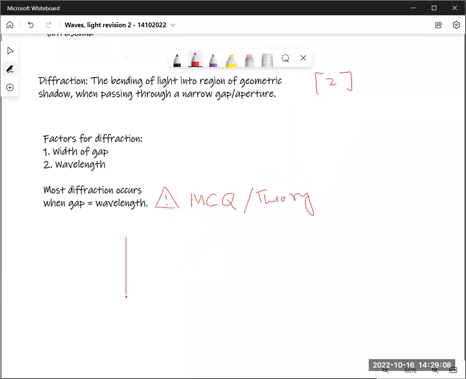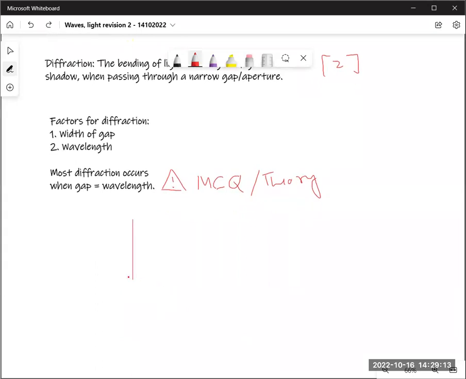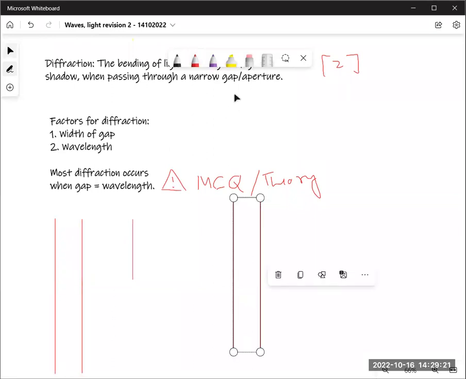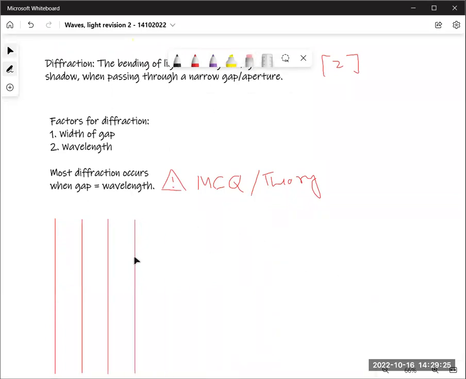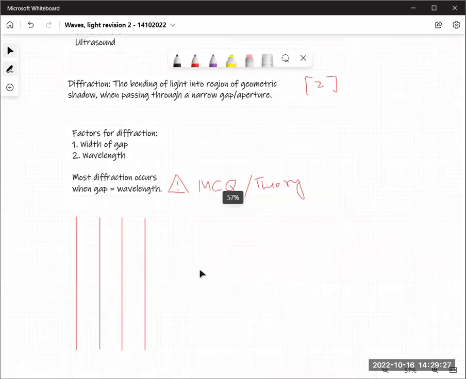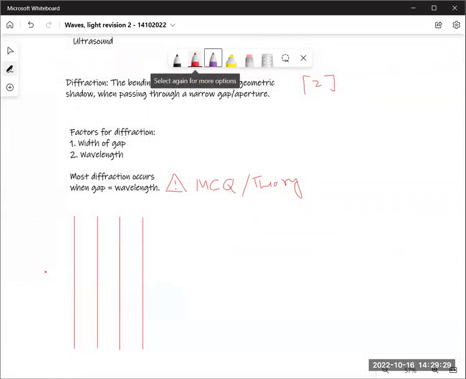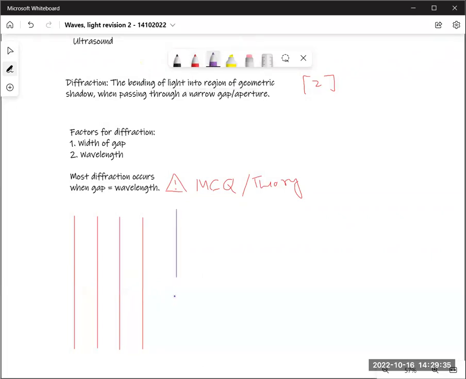Next thing is the diagrams. Let's make our waves. Now that is a wave that is coming in this direction, like this. Now what happens when it passes through a gap? Let's make ourselves a gap.